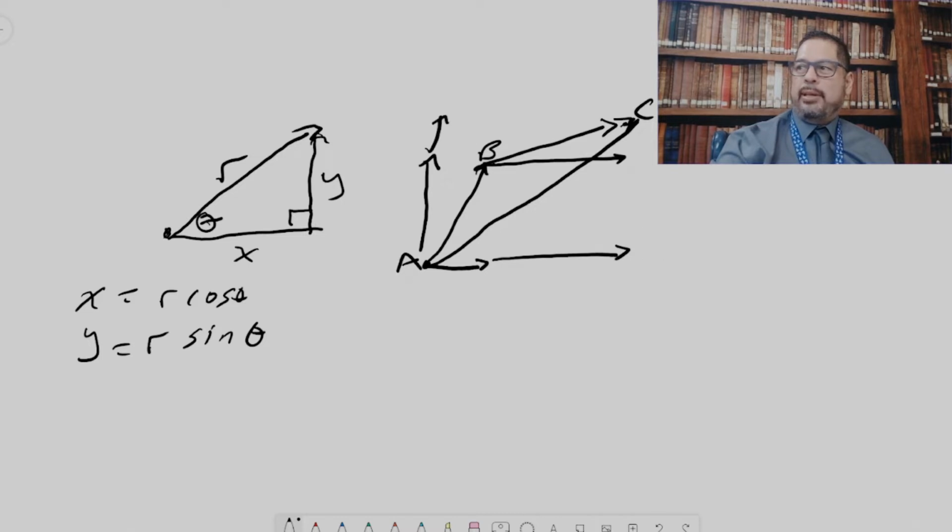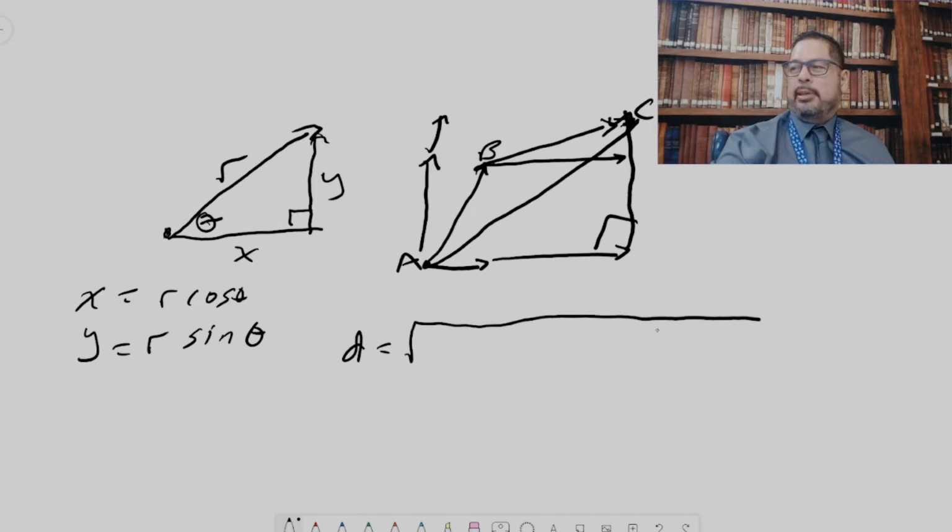And so what you end up having is a right triangle, where the sides are simply the sum of the x components of the two vectors. The horizontal component is the sum of the horizontal components of the vectors, and the vertical component is the sum of the vertical components of the vectors. And what you end up with is the distance from A to C is equal to the square root. This is nothing more than an application of the Pythagorean theorem.